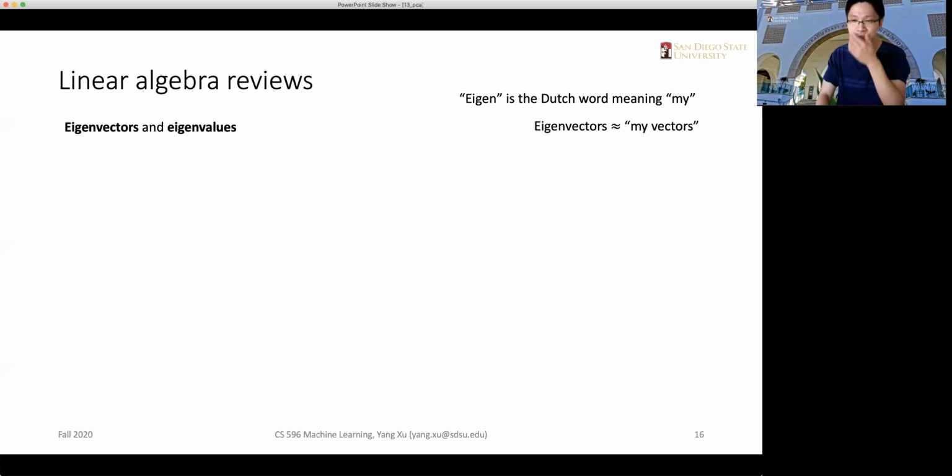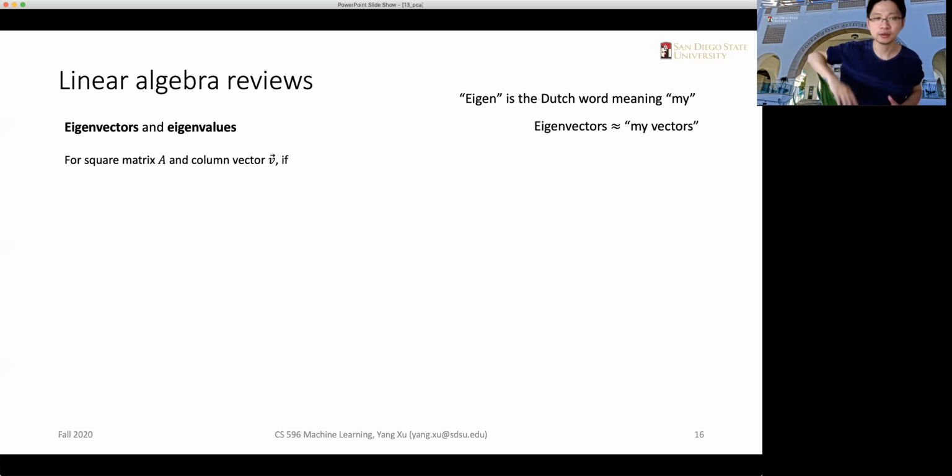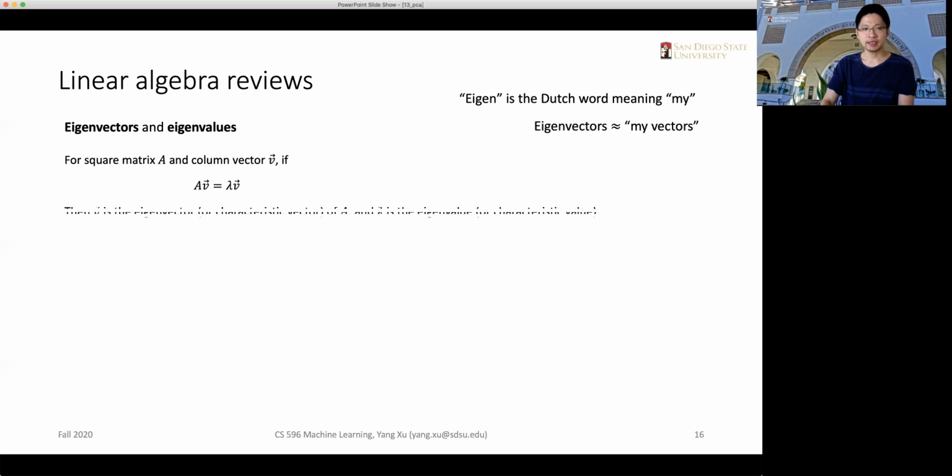It describes the basic characteristics of a matrix, and it is defined in this way. Given a square matrix A, where the number of rows and number of columns are equal, and a column vector V, if the square matrix times the vector equals some constant lambda times the vector itself, then we say V is the eigenvector or characteristic vector of A, and lambda is the eigenvalue.